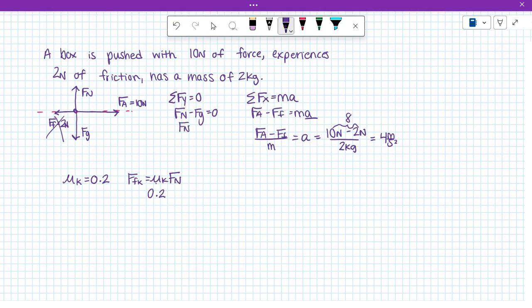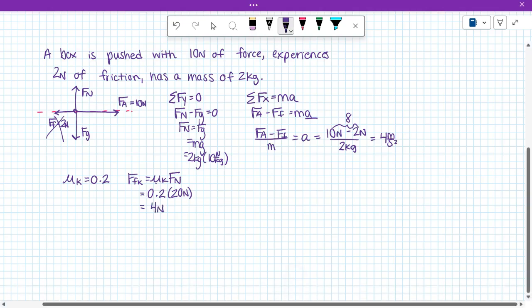I know from the y direction that the normal force has to equal the force of gravity, which is mg, so 2 kilograms times g, which is 10 newtons per kilogram, giving 20 newtons. 0.2 is 1/5, so that gives me 4 newtons.